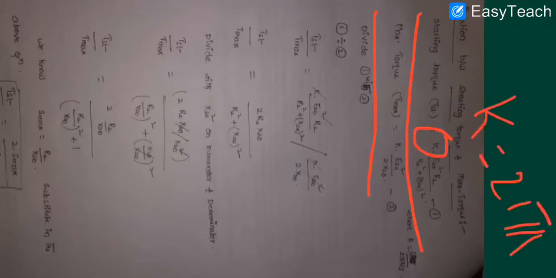Here I am using the K. What is meant by K? K is 180 by 2 pi ns. 180 means 3 into 60, because of 3-phase torque.